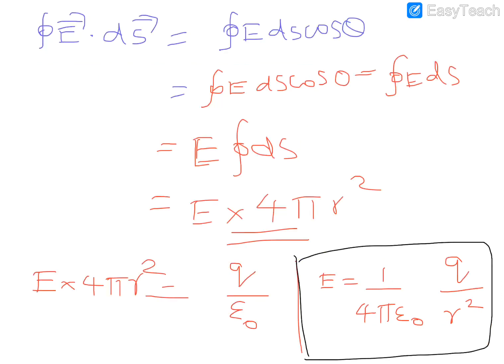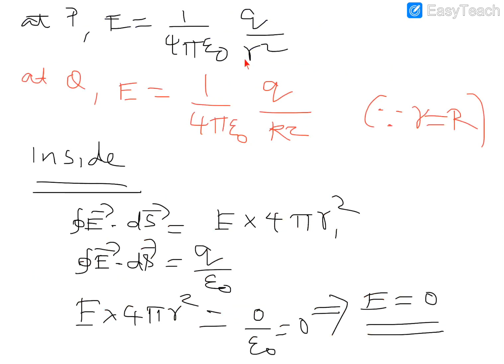So in this expression, this r will be more than this R. Since it is in the denominator, the field will be less, isn't it? This is the field outside, and this is the field on the surface of the sphere. So the field on the surface will always be more than the field outside the sphere, because capital R is less than small letter r.